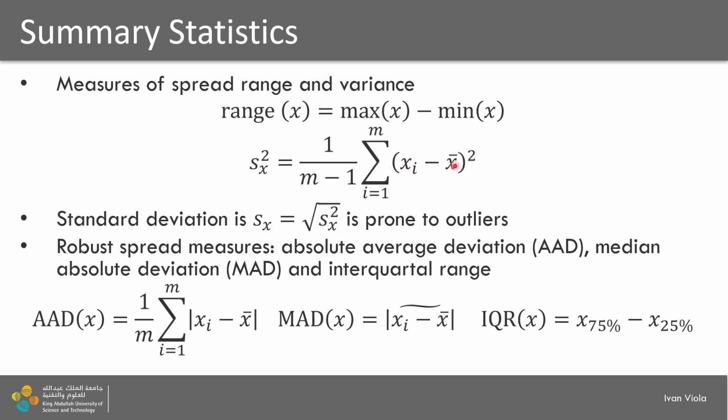We perform this difference, square it, and sum it up, which gives us the variance, which is then divided by the number of elements minus 1. The number of elements minus 1 is due to the fact that we are losing 1 degree of freedom by using this mean value, which in the sample variance is different from the true variance.